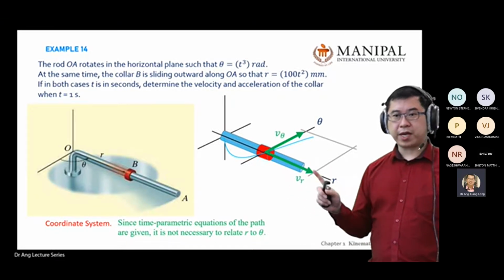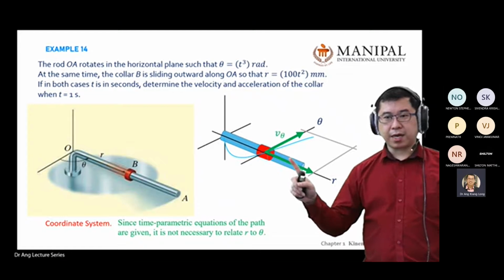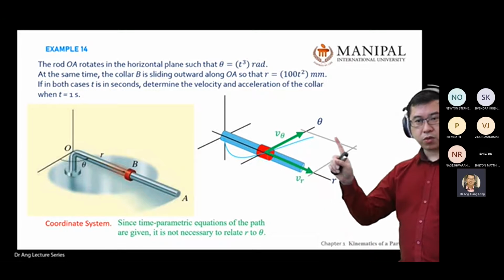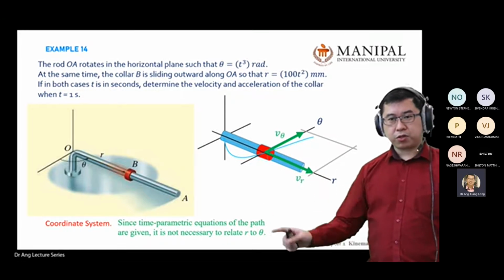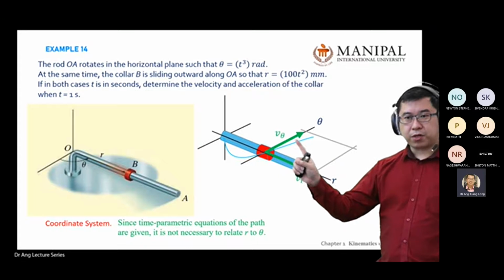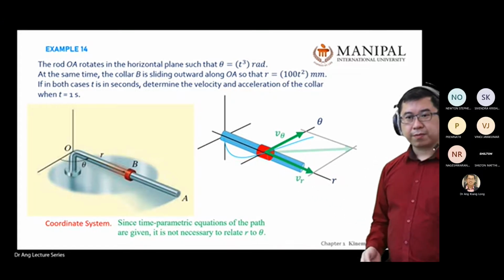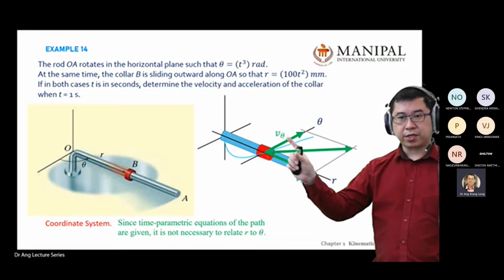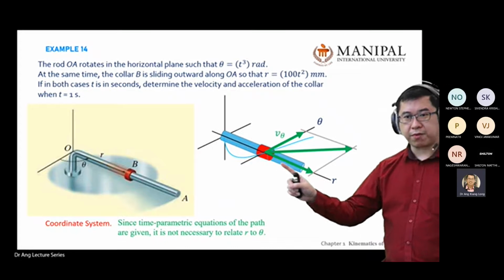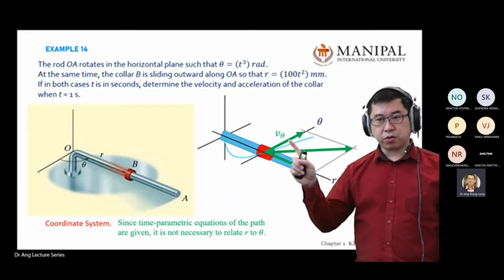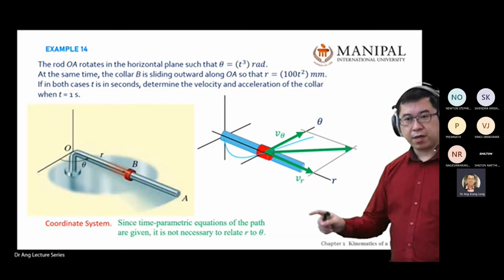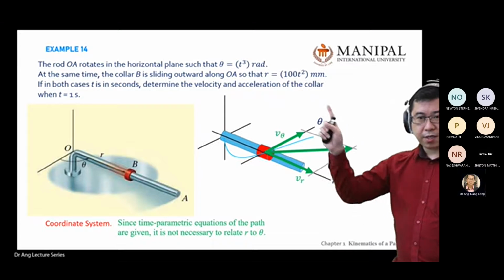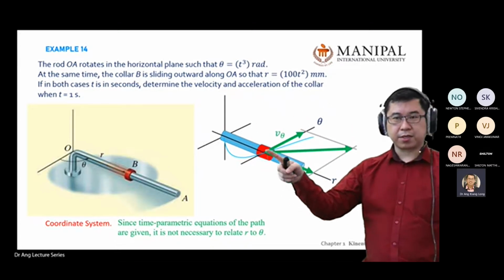I always draw a square to combine these two because they are at 90 degrees, perpendicular to each other, so I can use a square or rectangular approach to solve the resultant. Of course you can move this one to here to solve. You can always transfer the magnitude and direction of a vector to a location to solve the vector diagram, as long as you don't change the length and direction of the arrow. This is under the vector syllabus in your maths.